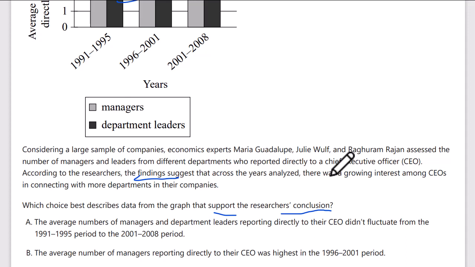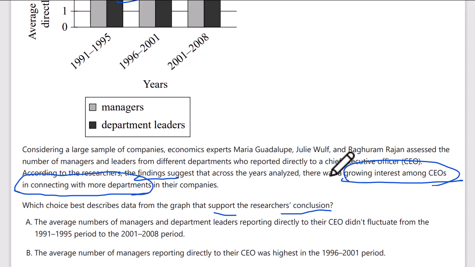Considering a large sample of companies, economics experts, blah, blah, blah, assessed the number of managers and leaders from different departments who reported directly to a chief executive officer, the CEO. According to the researchers, the findings suggest that across the years analyzed, there was a growing interest among CEOs in connecting with more departments. So that's it. That's the conclusion we want to analyze or find evidence supporting it.